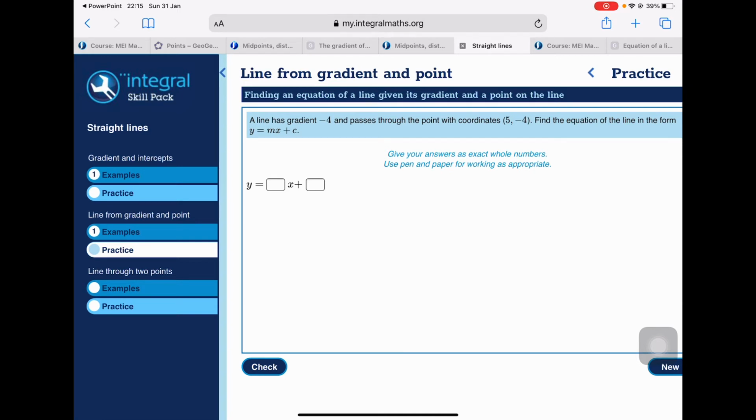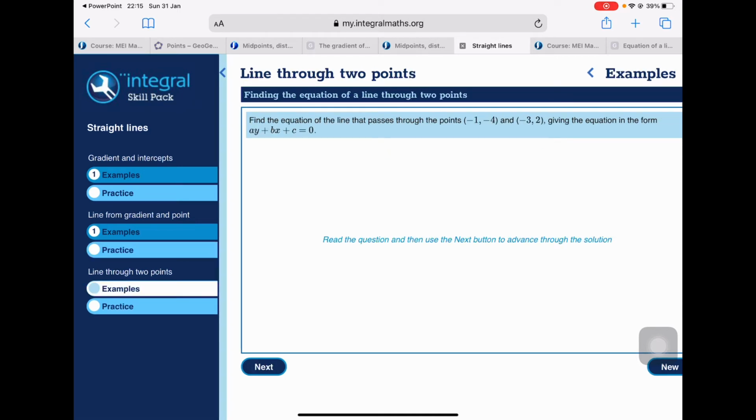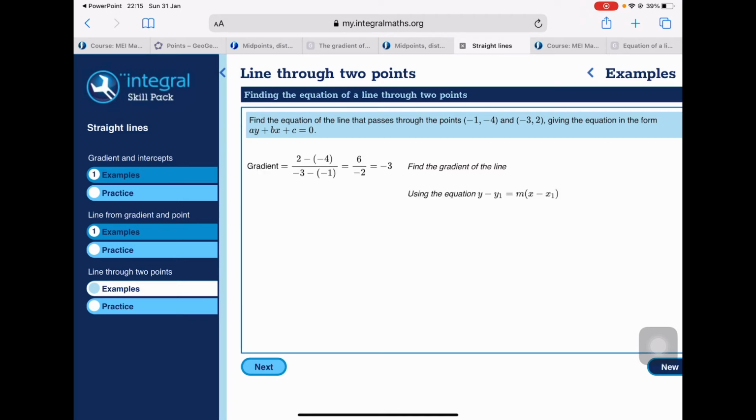And then we have a third example, which is finding the equation of a line through 2 points. And here we have to give our equation in the form ay plus bx plus c equals 0. So find the gradient of a line. Well, we have 2 pairs of coordinates. So change in y over change in x, and our gradient is -3. Now we're going to use this equation. Substitute coordinates.